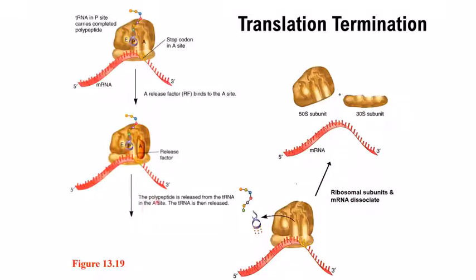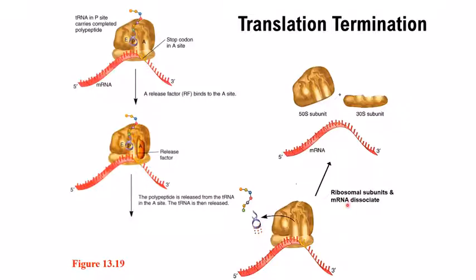The polypeptide chain that is attached to the tRNA at the P site gets released as soon as the release factor comes and attaches itself at this particular point. The tRNA is then released. So this is the finished polypeptide chain. It is released from the tRNA, and now the tRNA itself, which was present at the P site, is also released from the ribosome.